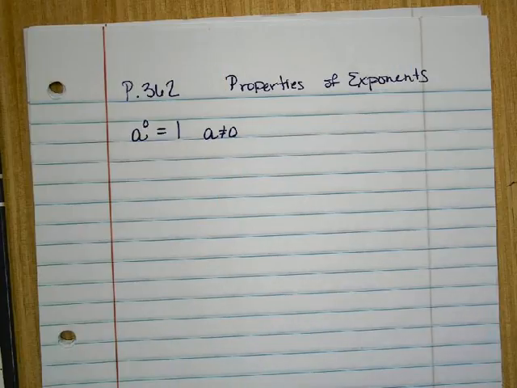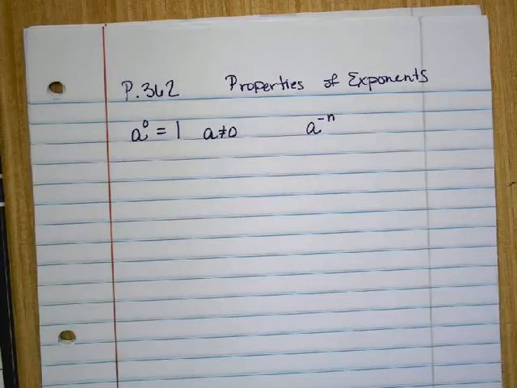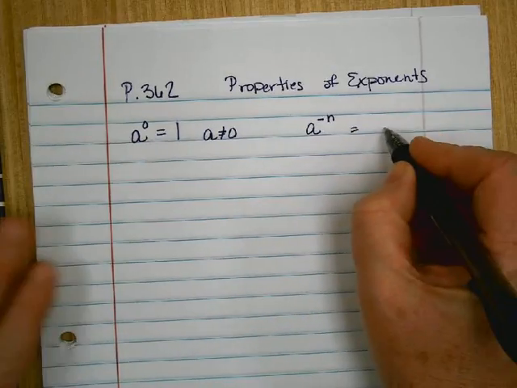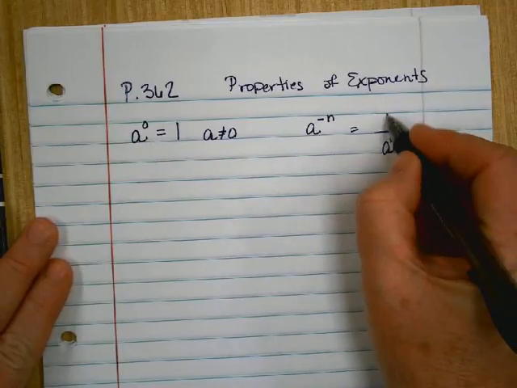Okay? A to the negative n power. What do you do when you have a negative exponent? What does it tell you to do? It doesn't really have anything to do with negative numbers. What it wants you to do is move that to the bottom or to the other part of the fraction.